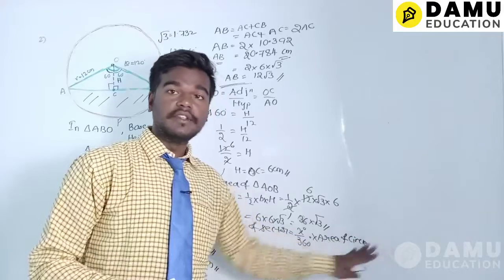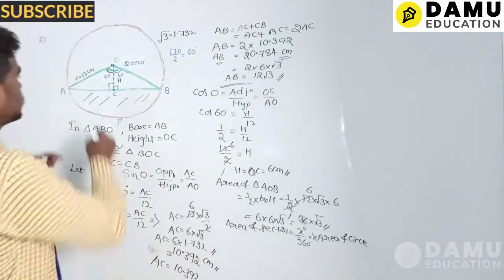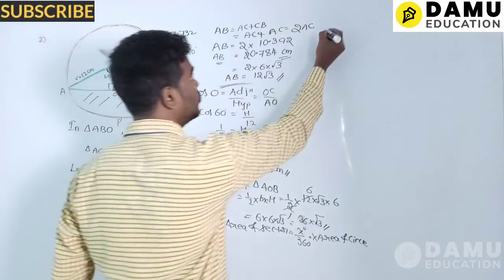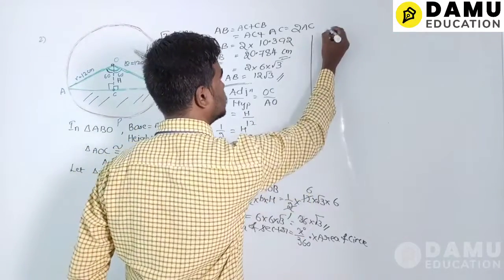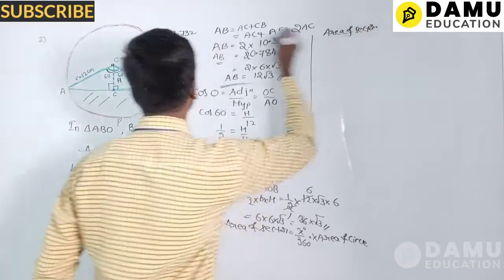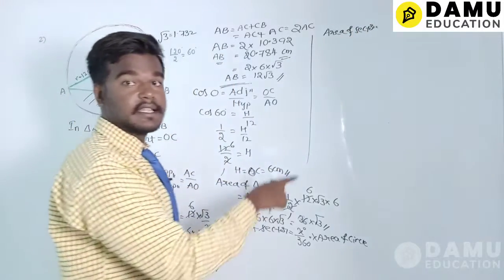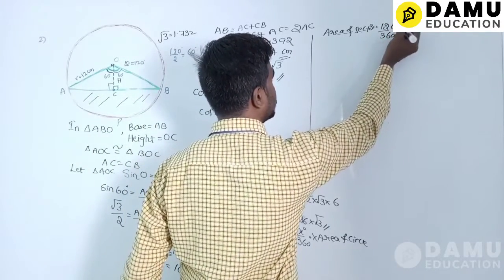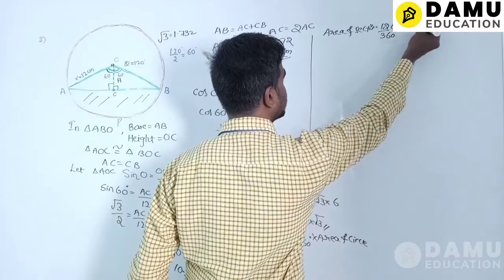That is the formula we used. So let's substitute. Area of the sector is angle O, 120 by 360 into the area of the circle, pi r square.